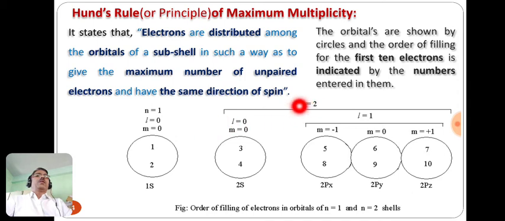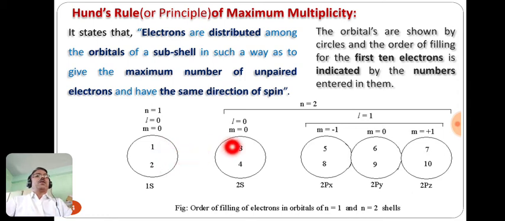The second energy level, principal quantum number n equals 2, has 4 orbitals: one 2s and three 2p orbitals. The electrons enter in this sequence, first and then second in the 1s, as it is the ground state or lower energy level.